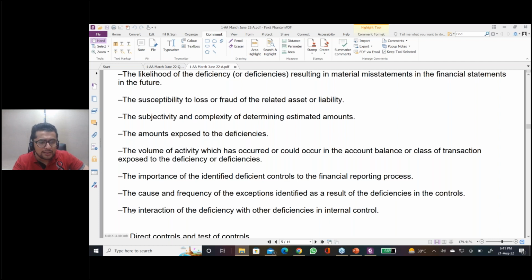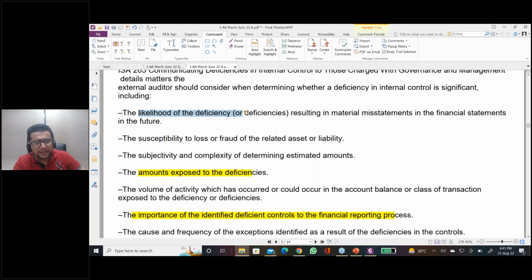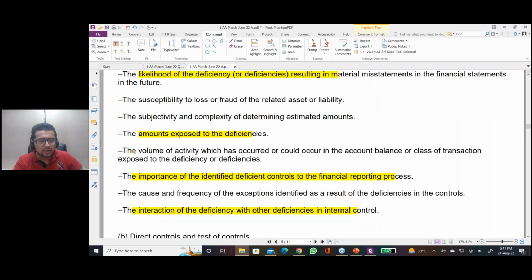So choose the easier ones: the interaction of the deficiency with other deficiencies, the importance of the identified deficiency to the financial reporting process, the amount exposed to the deficiency, the likelihood of the deficiency, the volume of activity which has occurred or could occur. So you have to write 4 points in order to get 4 marks.